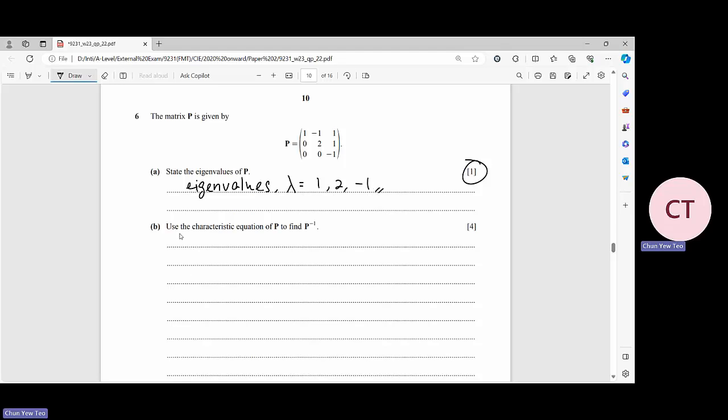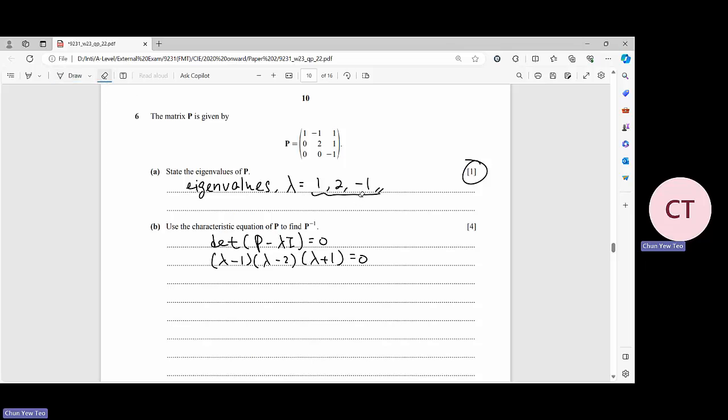Now we want to use the characteristic equation of P to find the P inverse. The characteristic equation of P comes from the determinant of P minus lambda I equal to 0, but it's actually just coming from the roots over here: lambda minus 1, lambda minus 2, and lambda plus 1 equal to 0.